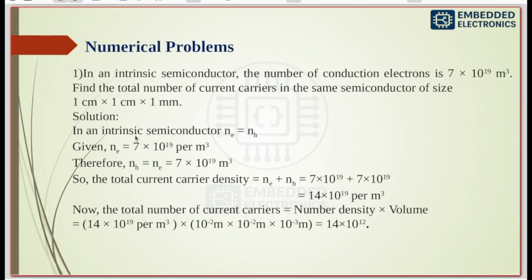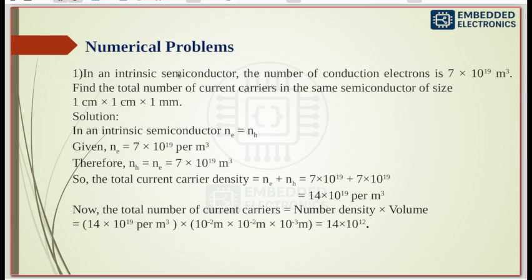We know that in an intrinsic semiconductor, the number of electrons is equal to the number of holes, right? So the number of holes is also 7 into 10 to the power 19 per meter cube. Now we need to find the total number of current carriers.